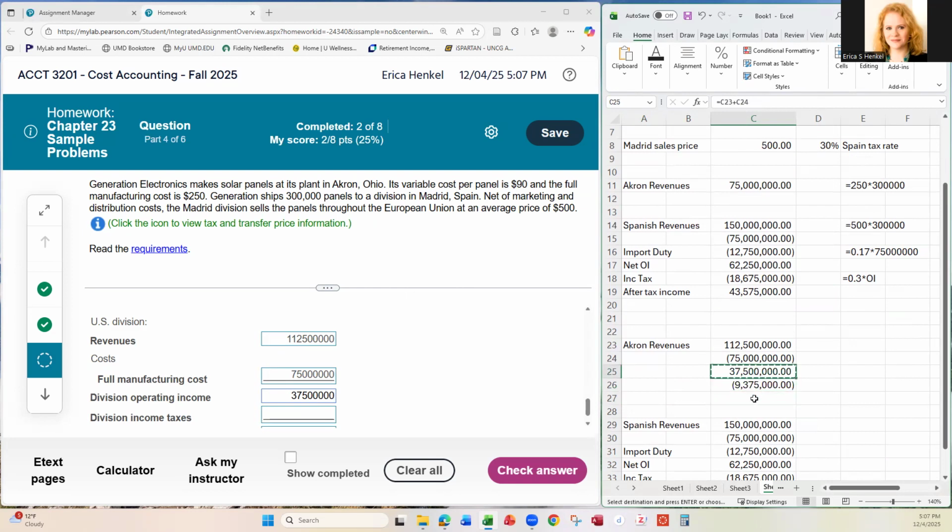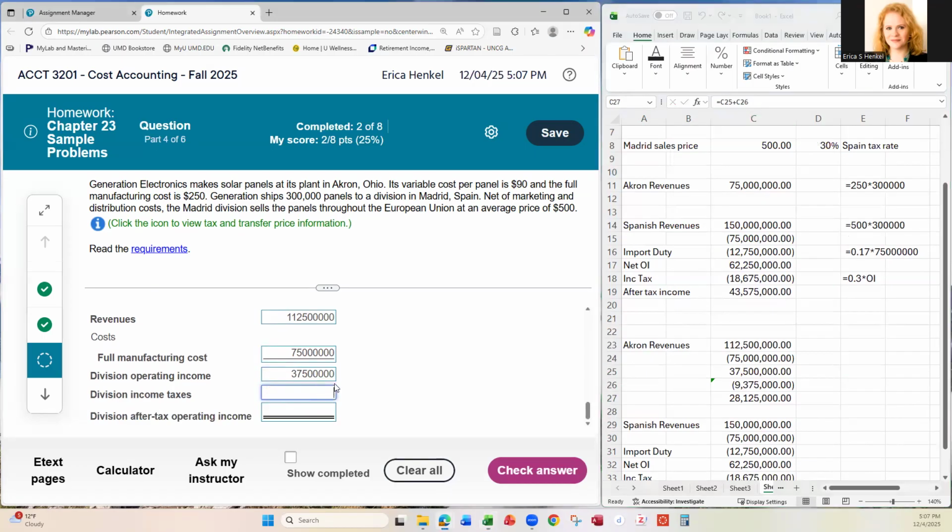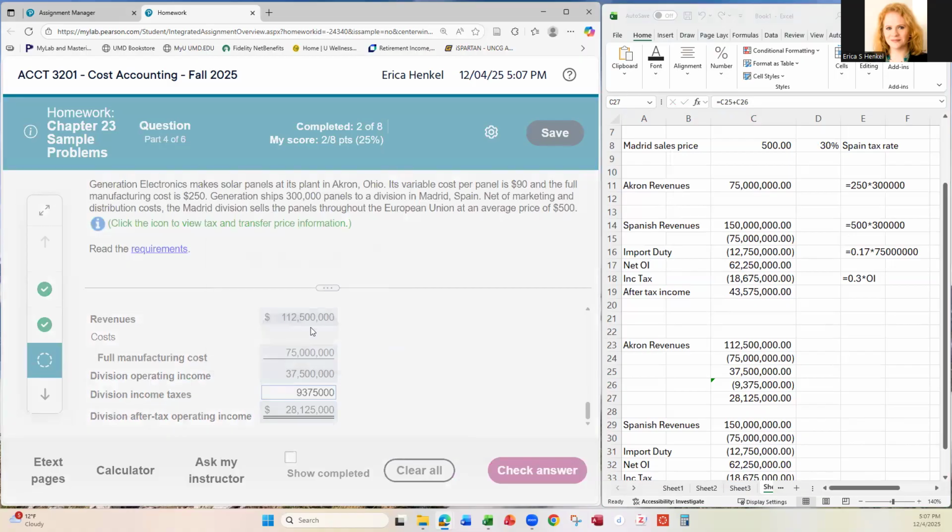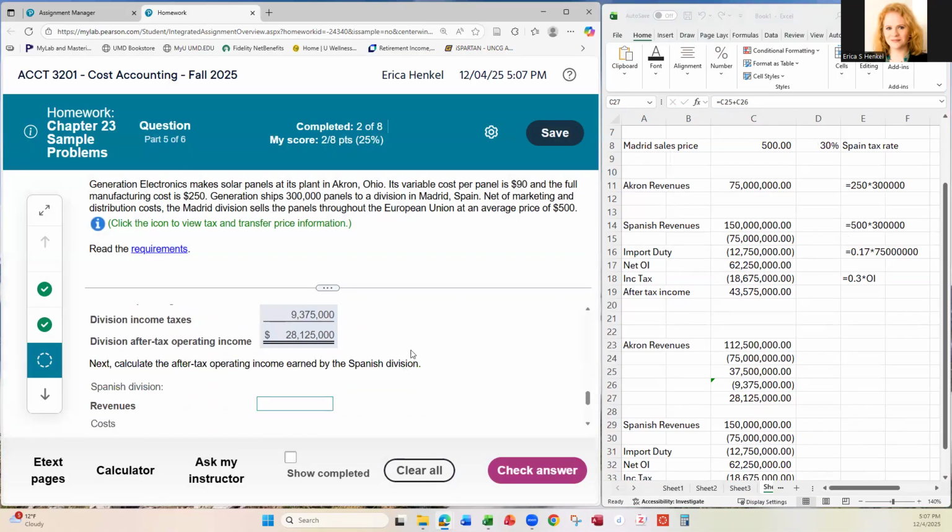That's going to get us to 9,375,000. Oh, I put a negative and I didn't want a negative in there. That's why. Okay, so that's exactly what I had over here.